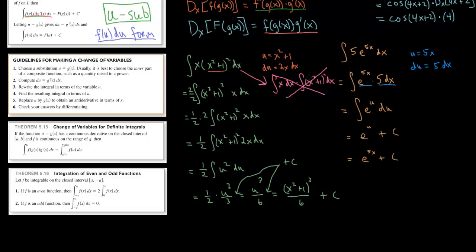Recall that if we had the derivative of a product, so f of x times g of x, we couldn't simply take the derivative of f and the derivative of g and multiply the solutions. We had to use the product rule.